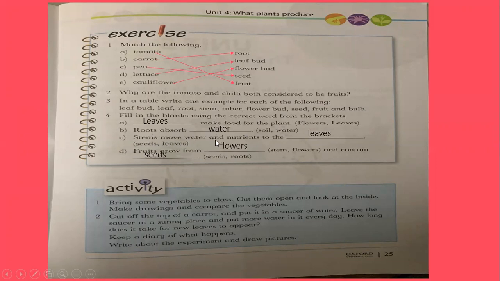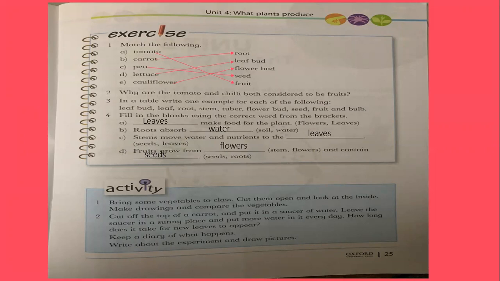Stems move water and nutrients to the leaves. Now number D, fruits grow from where? Stem or flowers? Yes, from flowers. Fruits grow from flowers and contain what? Seeds. Fruits contain seeds.